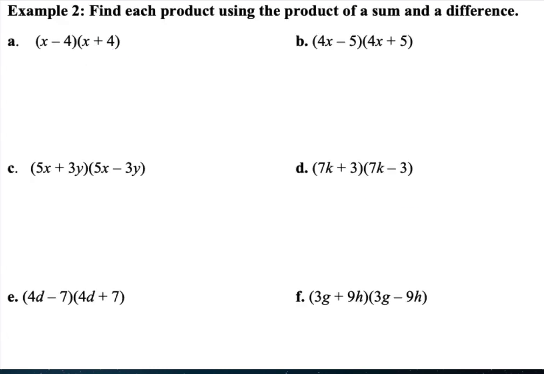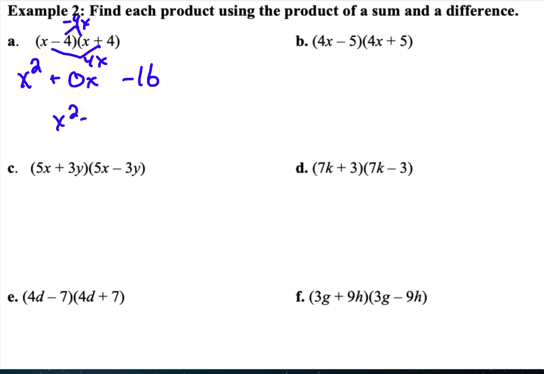Okay? All right, so let's try a couple of these here. So x minus 4 and x plus 4. So I'm going to get x squared for my first term. I'm going to get negative 16 for my last term, negative 4 times 4. In the middle, I'm going to get negative 4x and positive 4x, which is going to turn to 0x.